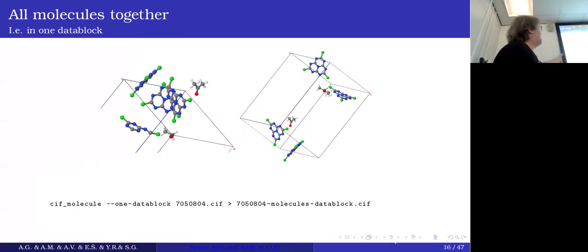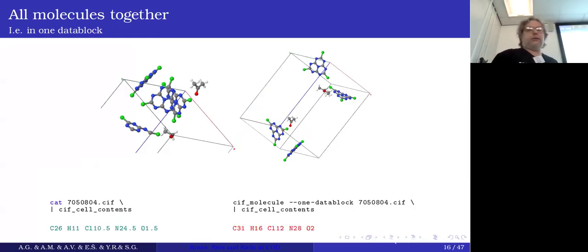So we can, of course, put them into one unit cell, but if you calculate the composition of the right unit cell, you see that it's wrong, in red. Why so? Well, that's because in many structures some molecules are in a special position.